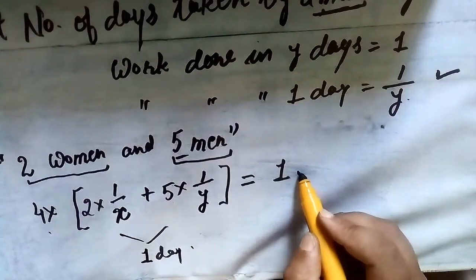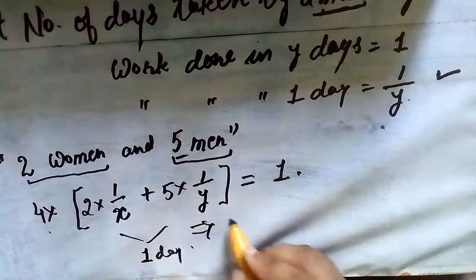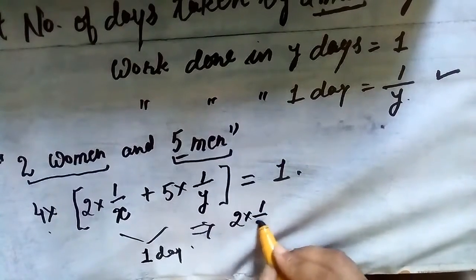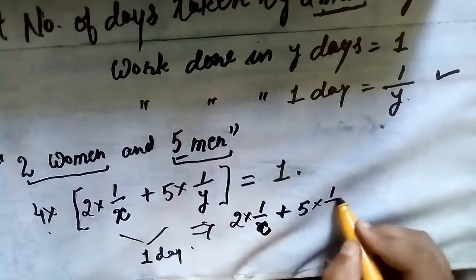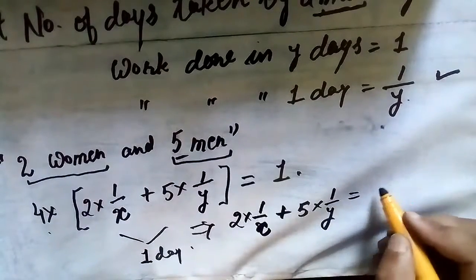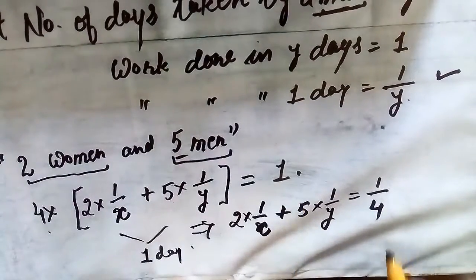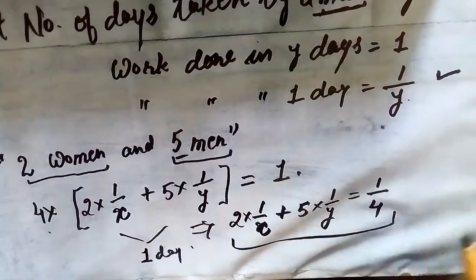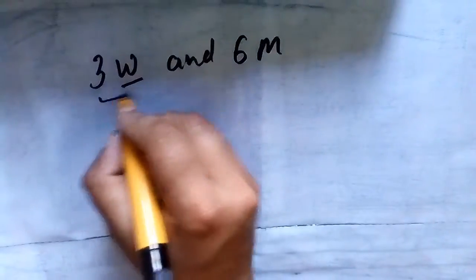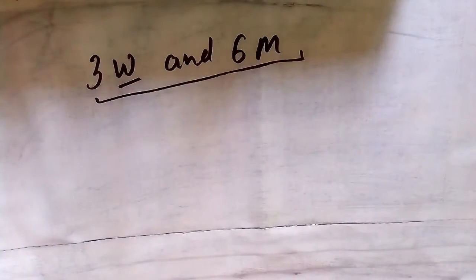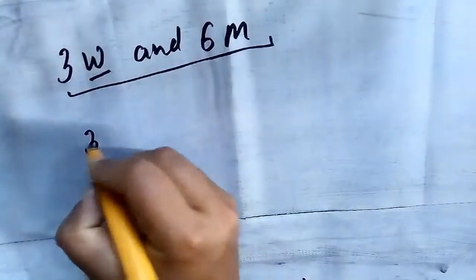So let us simplify it. Take 4 to the right side and your equation will be 2 multiplied by 1 upon x plus 5 multiplied by 1 upon y equals 1 upon 4. Let us name it equation number 1. In the same way we frame equation number 2 for the second case, that is 3 women and 6 men can finish the work in 3 days.